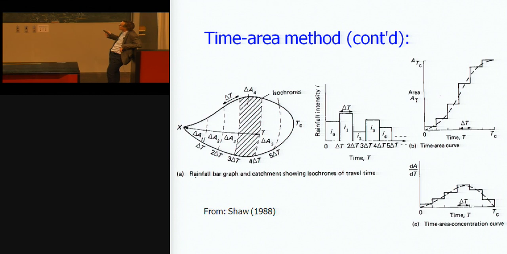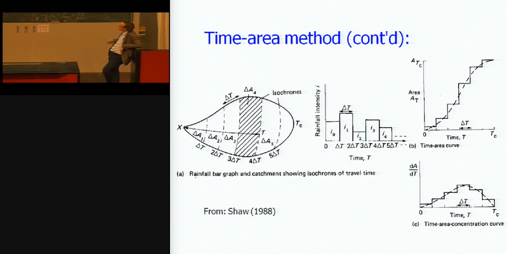So the amount of time, for instance 6 hours, is needed from here to get to the outlet. And you can draw these isochrone lines throughout your catchment. If this is, for instance, the 3-hour line and this is the 4-hour line, that means everything between them needs on average 3.5 hours, to keep it simple.